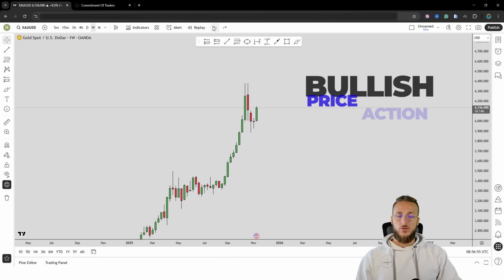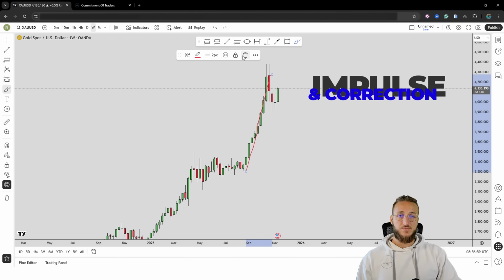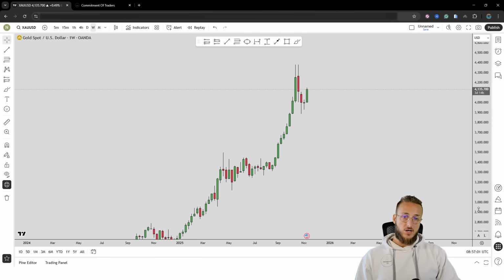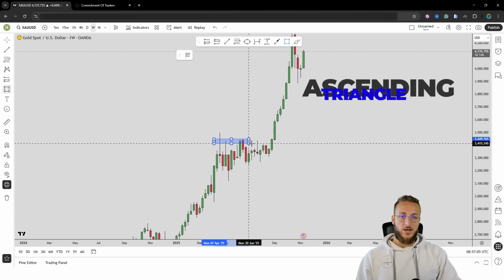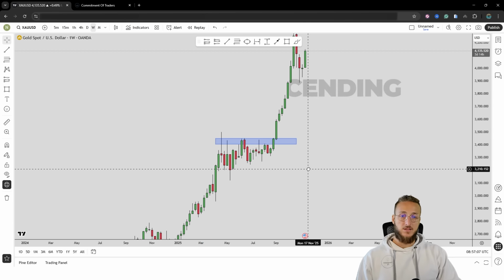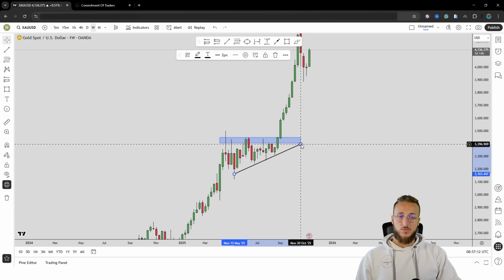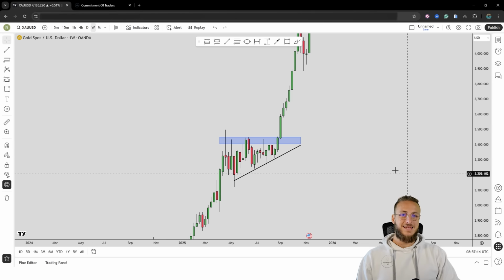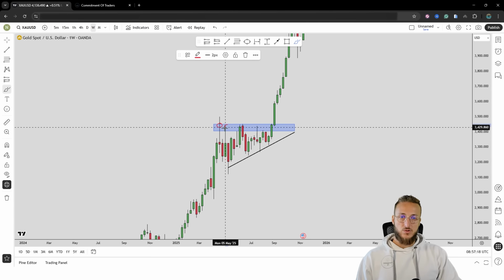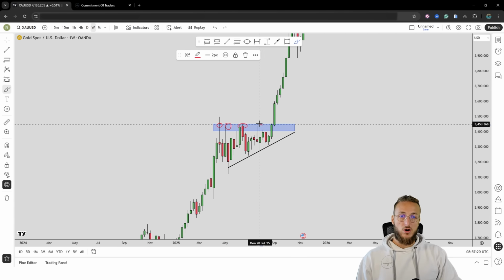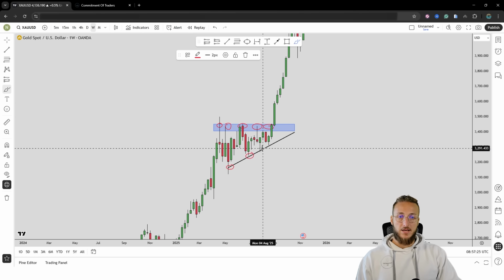What we can also notice is that all this push to the upside, all this impulse phase to the upside, comes after the market has essentially broken out from an ascending triangle formation or pattern. It is a very popular pattern, in which you see equal highs created at a specific level of resistance, and at the same time, the market is also creating higher lows.